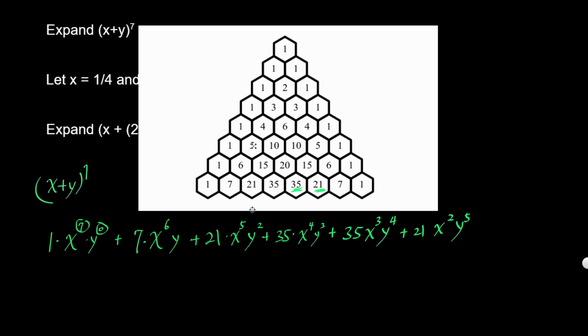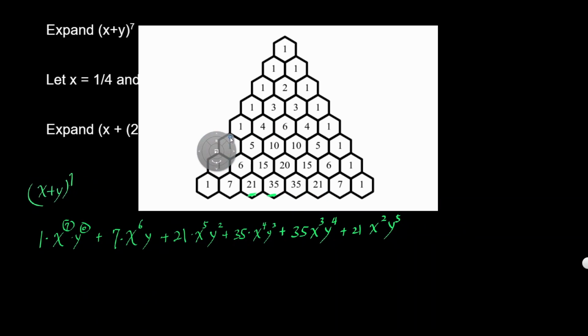I'm running out of space. And then next, I just use 21, right? So 7 times x to the first power now, y to the 6th power. And that 1, I'm not going to write it. It's x to the 0 power, which is 1. I'm not going to write it. Y to the 7th power.